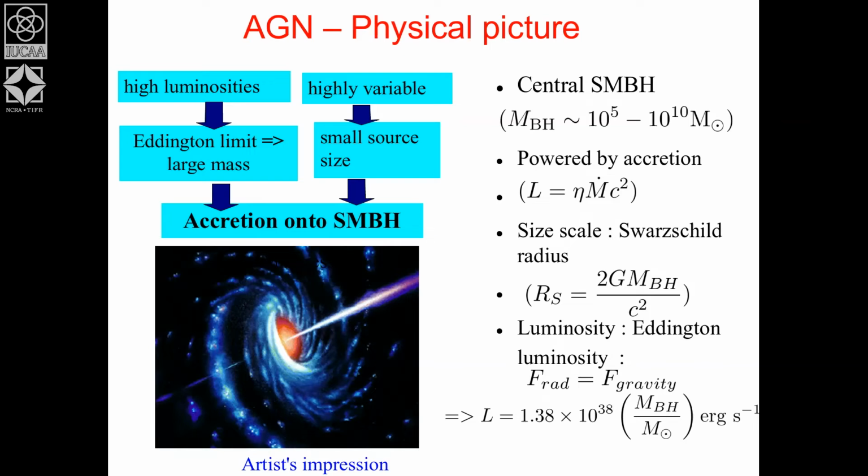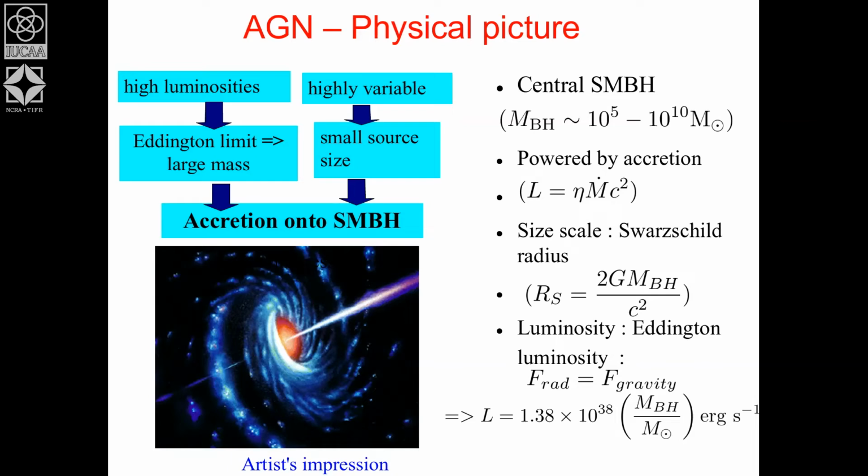You can think it is roughly about 10% or so, in fact much higher than the efficiency for nuclear reactions. And that is why nuclear reactions are not supposed to be the source of power that we are observing here. But the accretion is powering the AGN, which is more efficient than nuclear reactions.